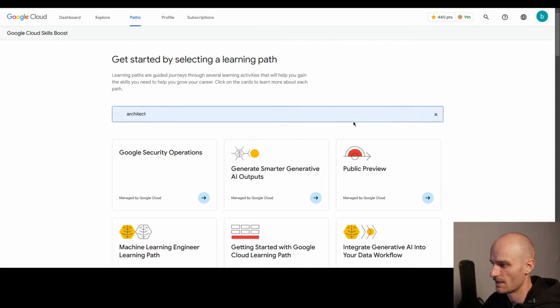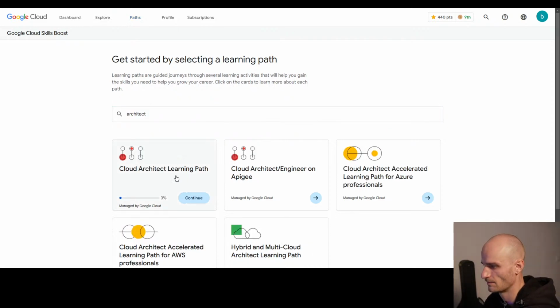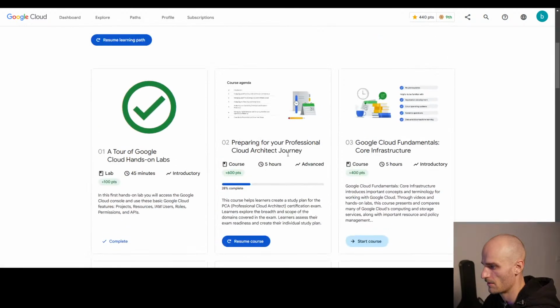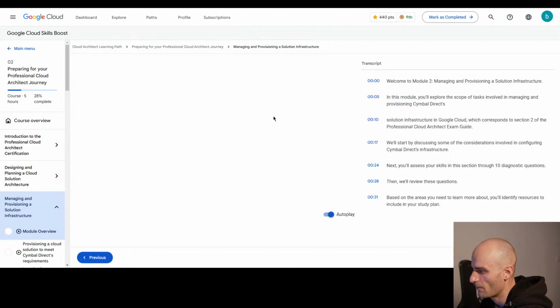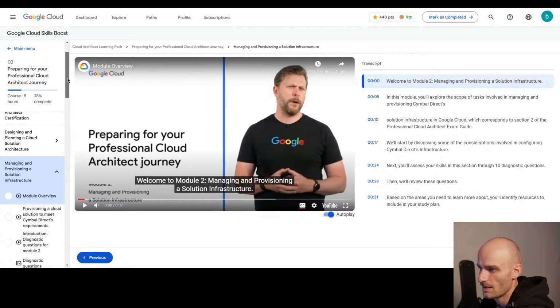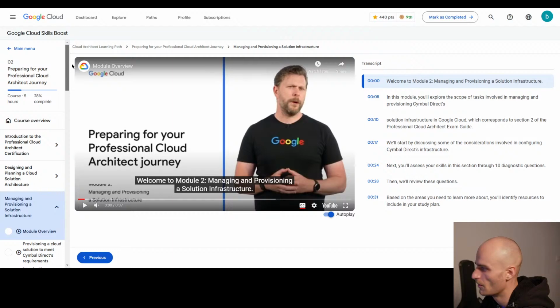Now I want the architect path. Okay, so we are at 28% of this course. We already learned something useful about all these resources. And I'm in Module 2.